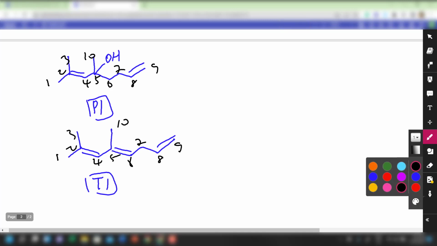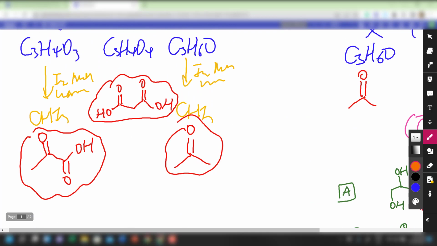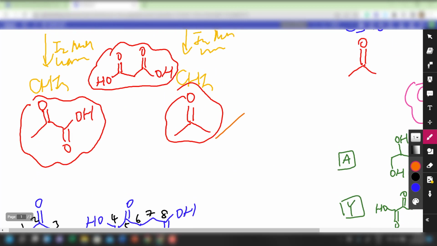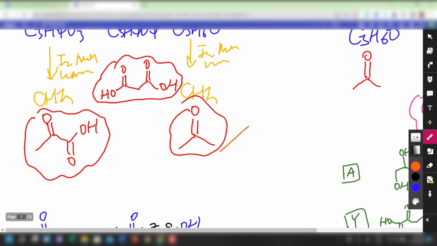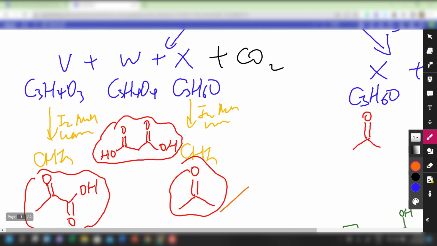Then I'm going to try to do oxidative cleavage. If I cleave here and here and here, I get 1 CO2, which is carbon number 9, and then carbon 1, 2, 3 will give us X, which is this. Carbon 4, 5, and 10 will give us V. Do you notice? 4, 5, and 10 will give us V. And then carbon 6, 7, and 8 will give us W. So that's perfect.